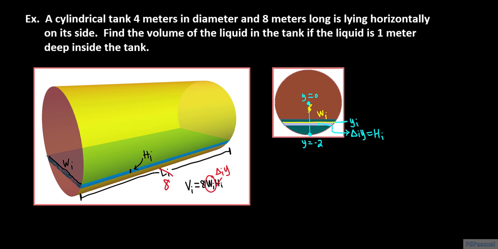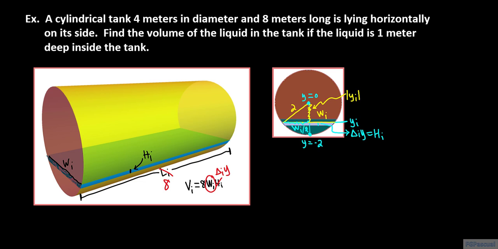The distance of the center of the circular cross-section to the top of the ith section is the absolute value of y sub i. We need the absolute value here since y sub i is negative. The radius of the cross-section is 2. This right side here has length w sub i over 2.